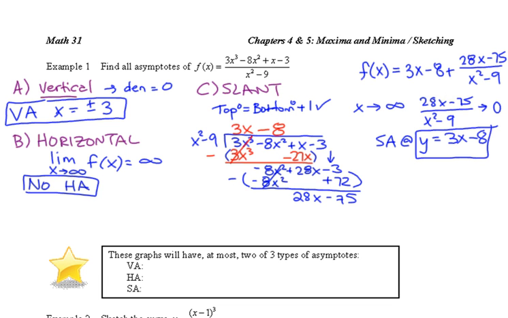Okay, so when the degree on top is 1 more than the degree on the bottom, as we approach infinity, it's going to take on the characteristics of a line. That will always happen if the degree on top is 1 more than the bottom. Yep. So this guy here is going to approach 0.